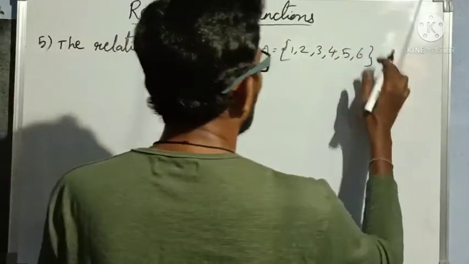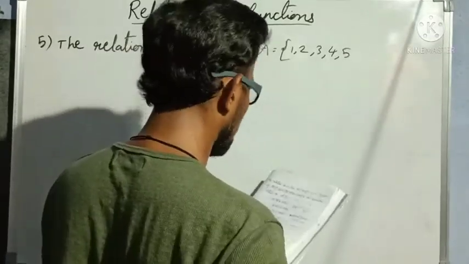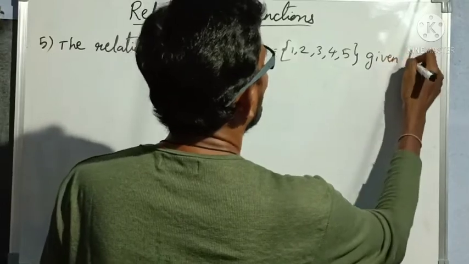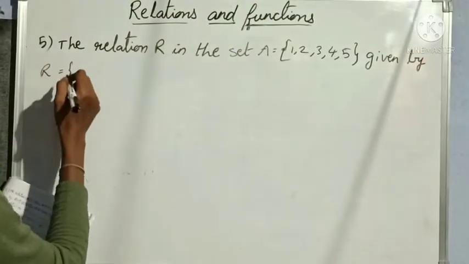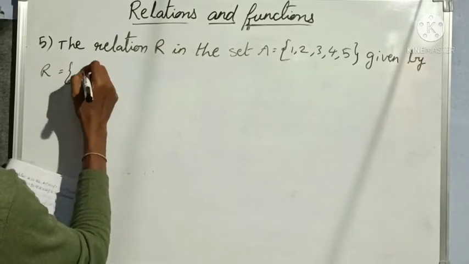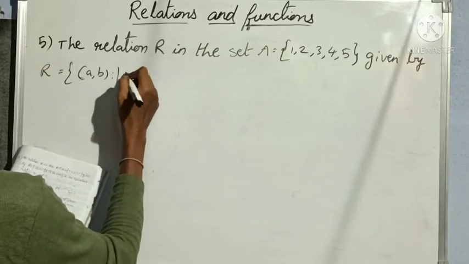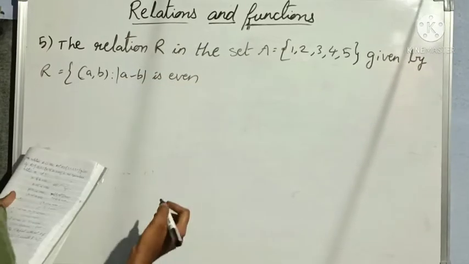Sorry, only 5, up to 5 is given. Given by R is equal to {(a, b) such that modulus of a minus b is even}.